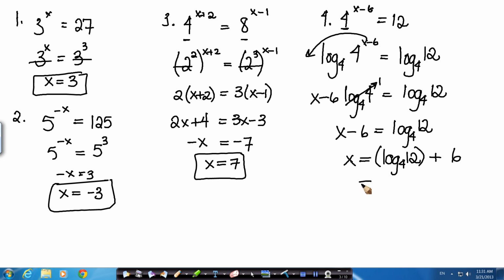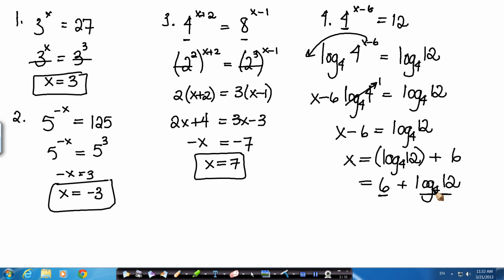Typically I would write this as 6 plus the log base 4 of 12. These are the same answer, but this way you don't get tempted to say this is a log base 4 of 18.